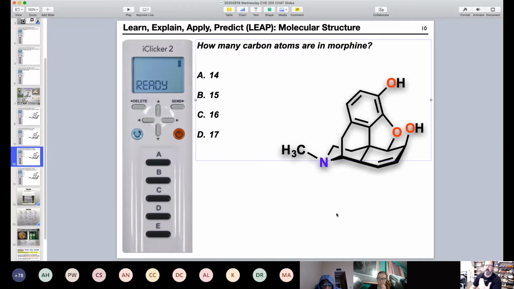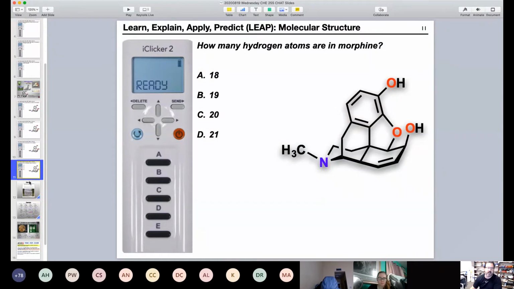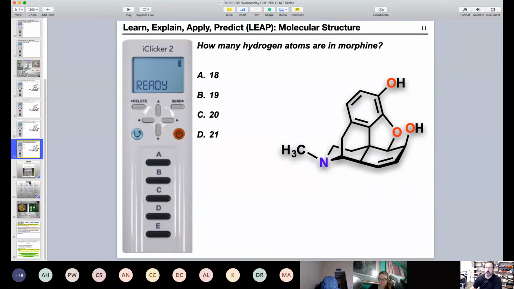Why do I bring this up? You really want to get very good at these straightforward activities. So there's 17 carbon atoms. 17 times 12 is the contribution of carbon to the molecular weight of that compound. How many hydrogen atoms do you see?